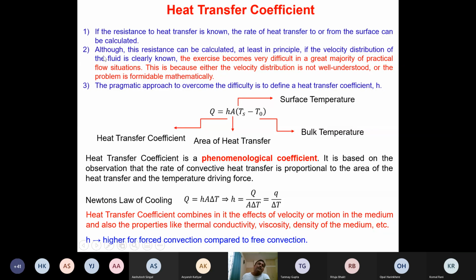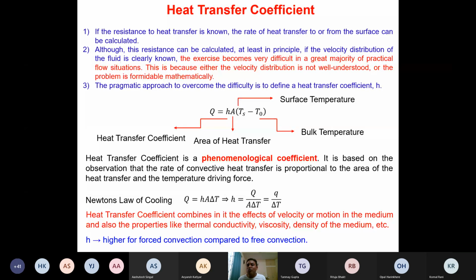So again, in principle, this resistance can be calculated if we know the velocity distribution. If you know how the velocity is varying from the surface to the bulk, that distribution of the velocity is known, in that case we can calculate the resistance, and in a way we can calculate the heat transfer coefficient.